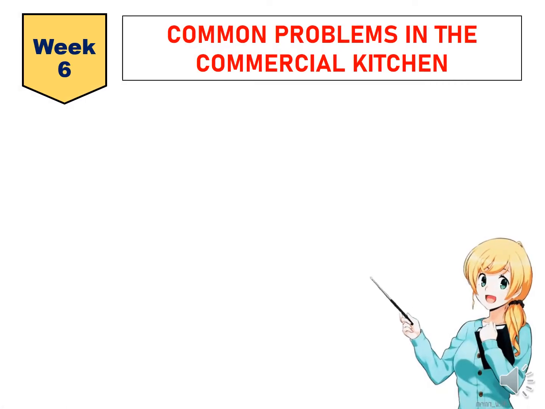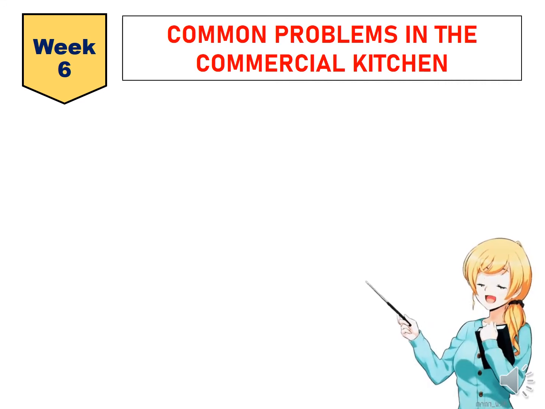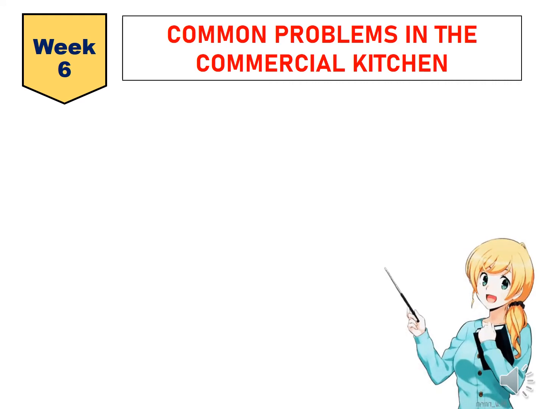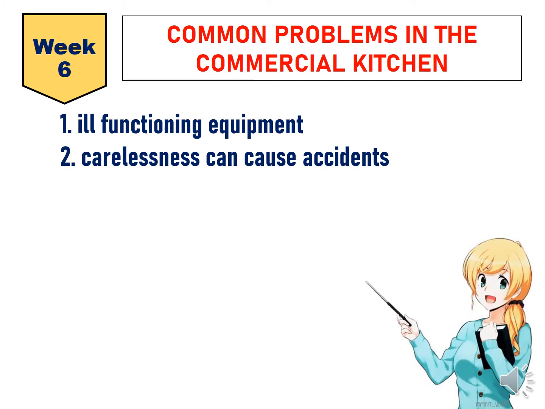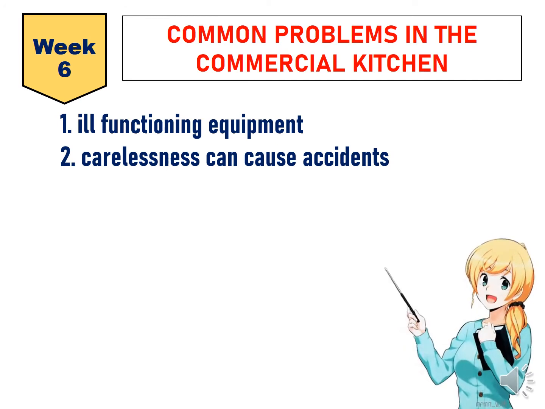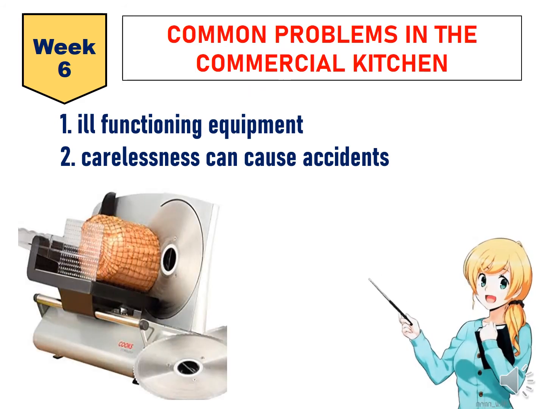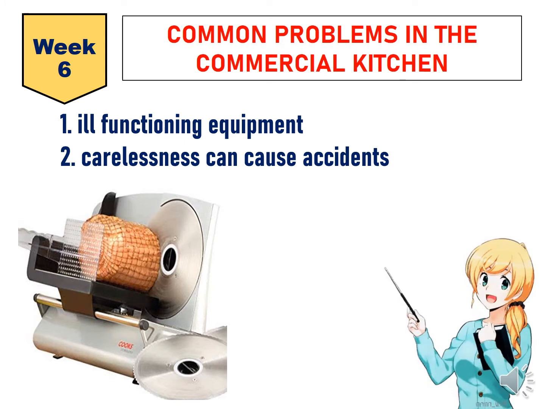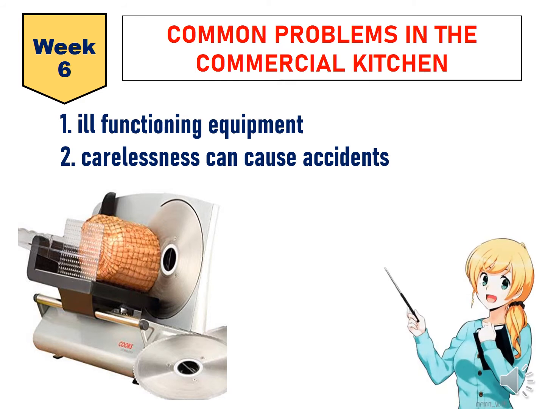All workplaces have their own set of problems, and for a commercial kitchen, here are two of the major problems that endanger the worker. First is ill-functioning equipment. There were a lot of recorded and reported accidents caused by ill-functioning equipment, like cuts caused by a malfunctioning meat slicer, and thus maintenance and check-up of that equipment must be done on a regular basis.